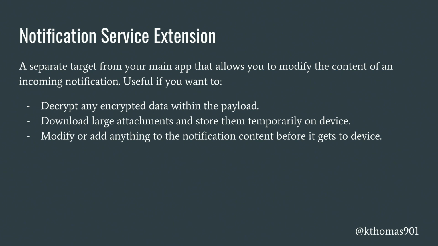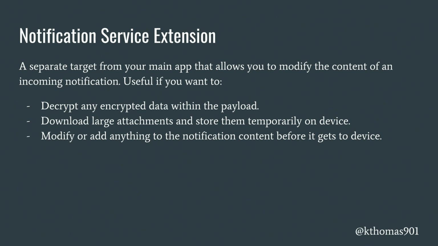Now, in iOS 10, Apple announced two extensions, which are separate targets that you can add to your app in order to customize notifications a bit more. There's a notification service extension, which if you add to your app, will get triggered if your payload has mutable content set to 1. And in the service extension, you can do a lot of powerful things. For example, in your payload, if you have any encrypted data, you can then use the service extension to decrypt that data so that it's decrypted by the time it gets to the device.